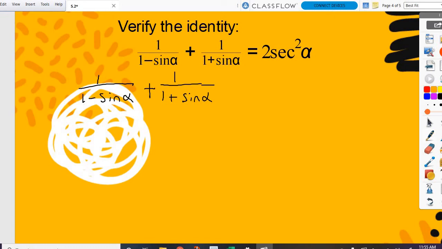1 plus sine. But we do need to do it to the top and the bottom. What about our second fraction? 1 minus sine. Yep. And again, I have to apply it to the top and the bottom.